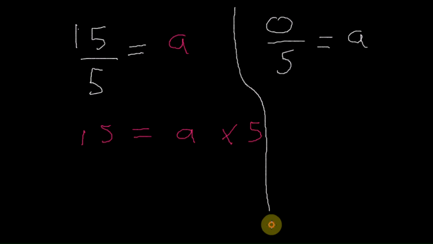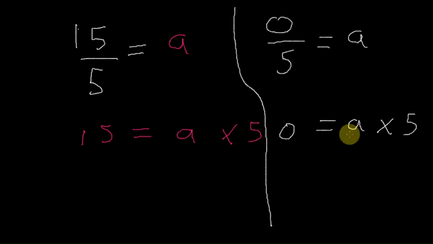So let's do the same thing. So 0 equals A times 5. Now, if we just analyze this, for A times 5 to equal 0, then that A must be 0.